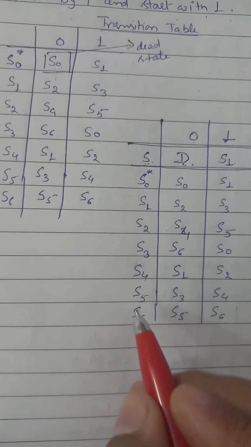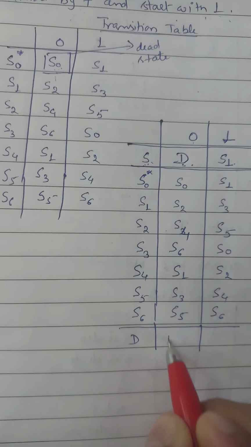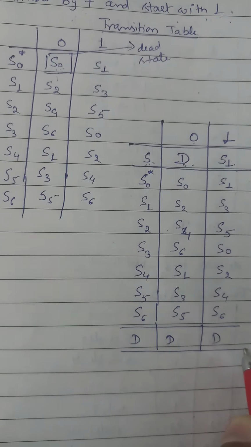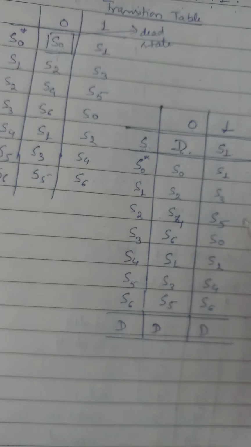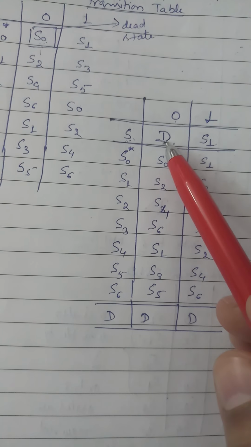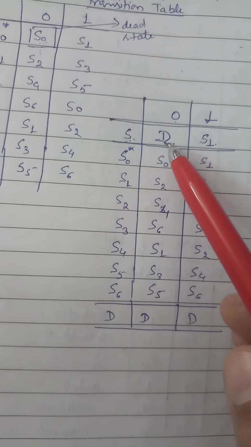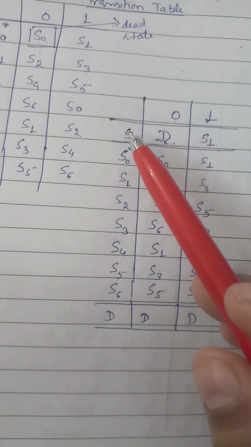And at the end the dead state will come. So we start with the initial state, and before the initial state we have taken 1 dead state and 1 extra state.